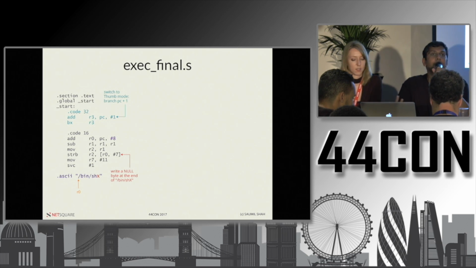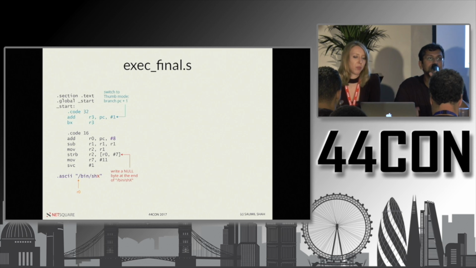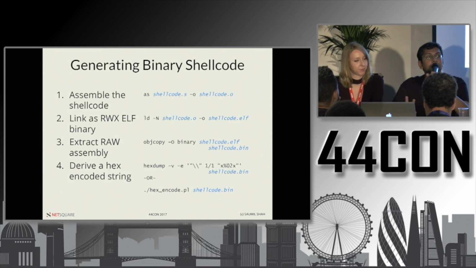Now typically, how do you convert this assembly shellcode into hex code that you can cut and paste in an exploit? Typically, Metasploit will give you that, so you want to now assemble a string. So here's how you go about generating the final shellcode.